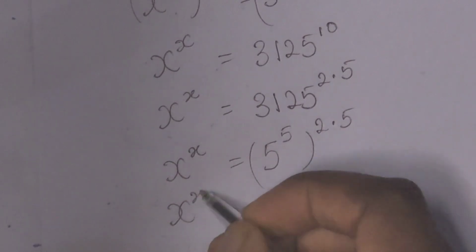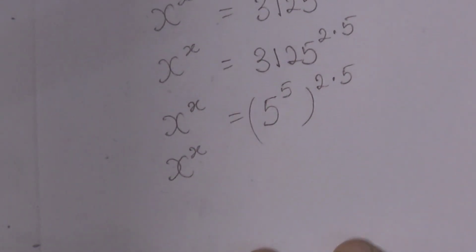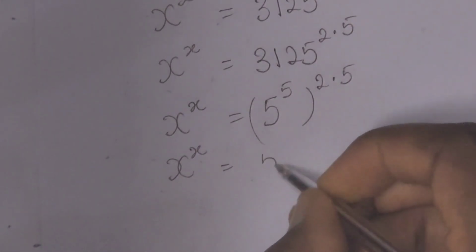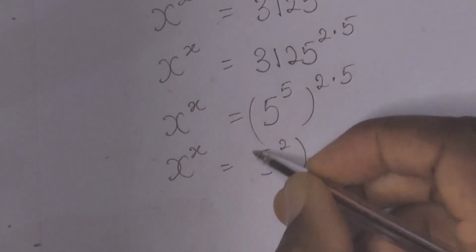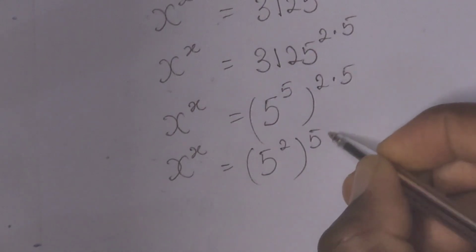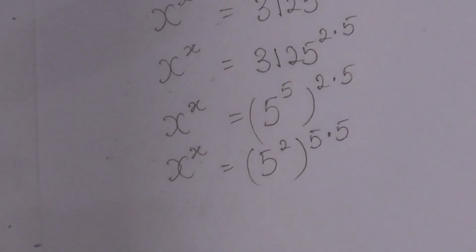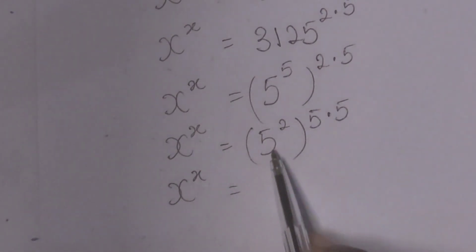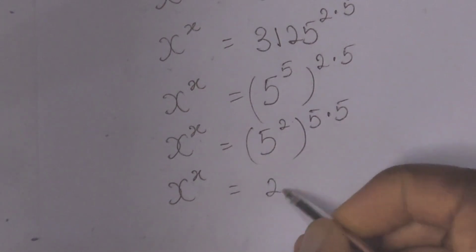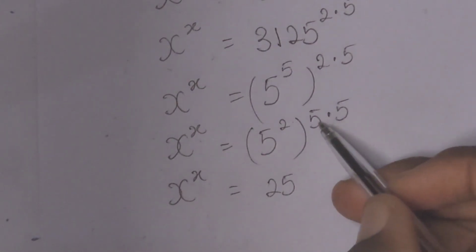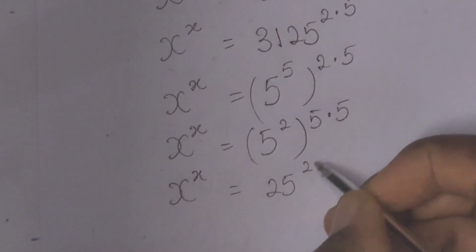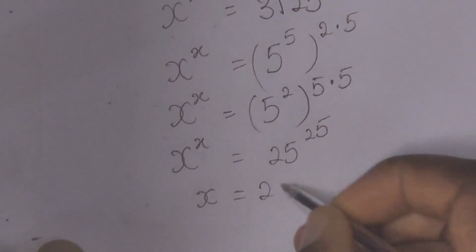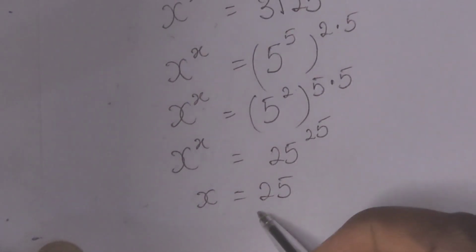So we have x to the power of x, all equal to 5 to the power of 2, further raised to the power of 5 times 5. So we have that x to the power of x is equal to 5 to the power of 2, which is 25, and we have 5 to the power of 5 to be 25. So we have that x is equal to 25.